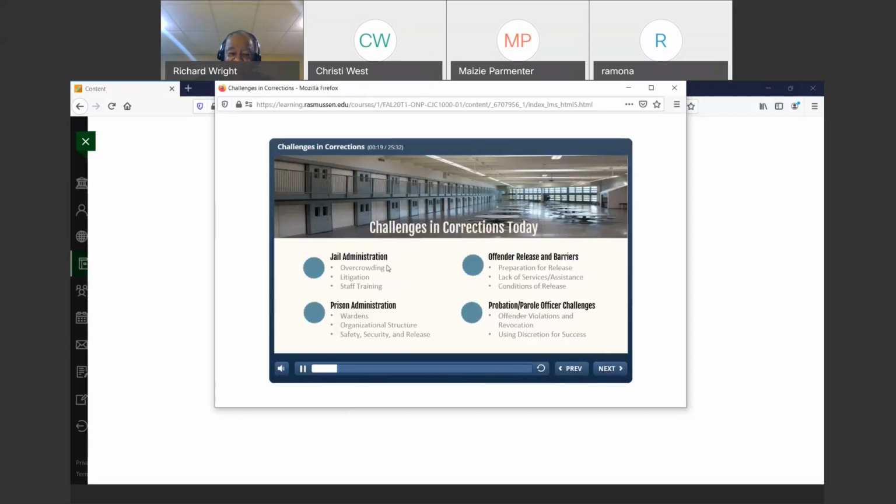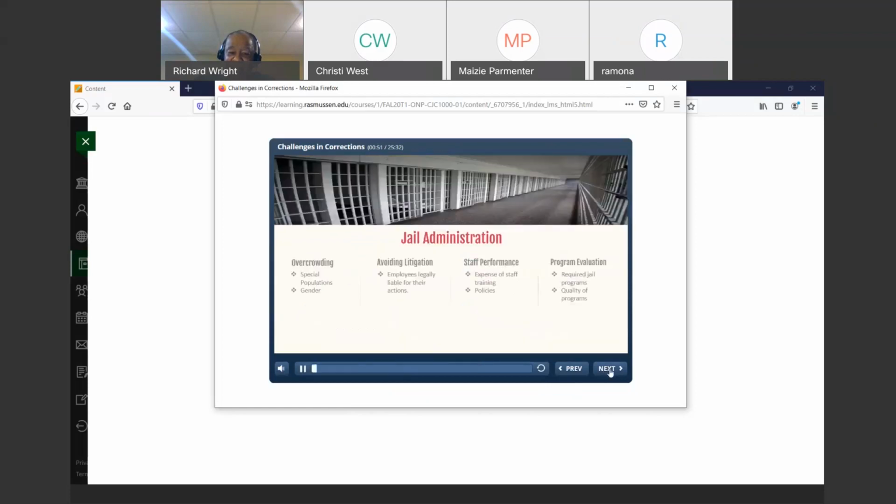Jail administration has to do with overcrowding, lawsuits, and staff training, so take a look at these yourself when you're going over it. But these are the 4 categories: jail administration, prison administration, offender release and barriers, and you find yourself dealing with the challenges that we just got through talking about: offender violations and revocation.